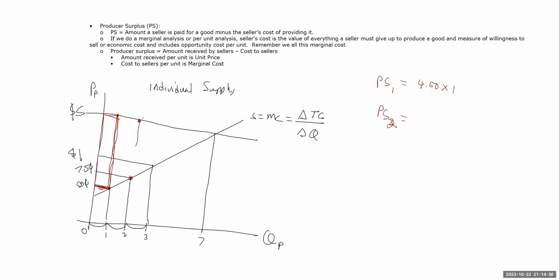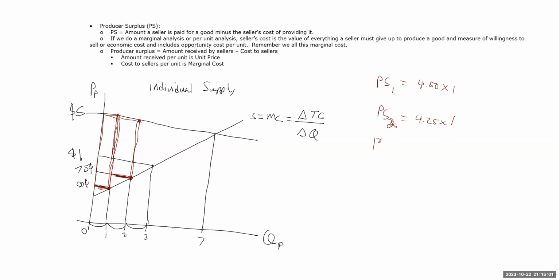So he made $4.25. Okay, $4.25. And how many pizzas did he sell with this type of producer surplus? Only 1. So again, this rectangle is the producer's surplus for his second slice of pizza.